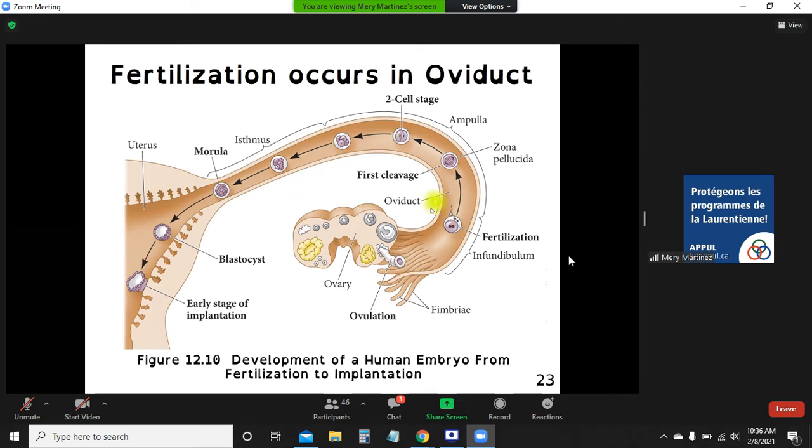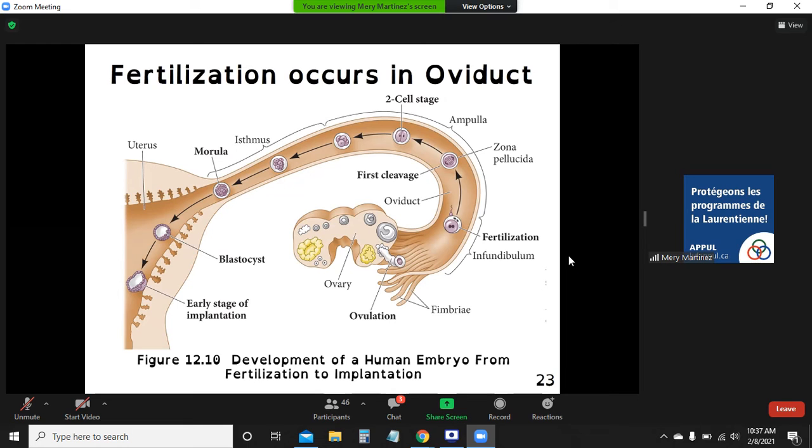We know that we have an egg that has a very thick layer surrounding it. Cleavage in mammal embryos is among the slowest of the animal kingdom. Normally between the first and second cleavage, we can have 12 to 24 hours apart, while the other ones happen very, very quickly, okay?